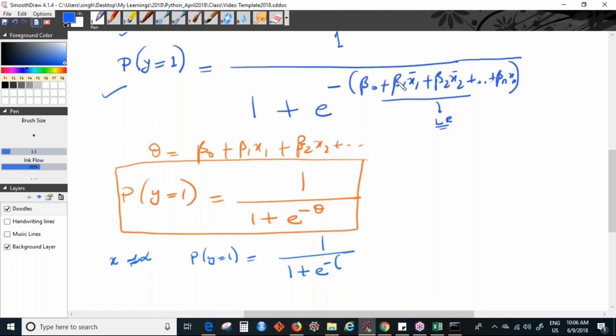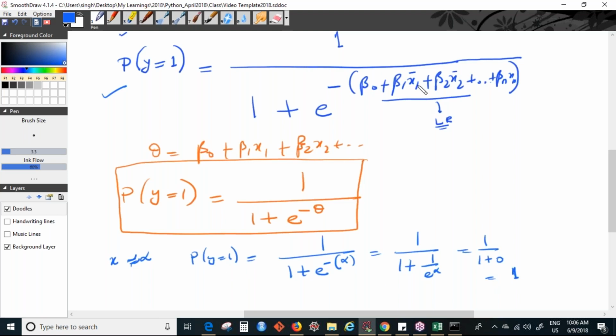If x is infinity, whatever you multiply with it and then add, it will always be infinity. So I get infinity here: 1 plus 1 by e to the power infinity. 1 by infinity is 0. If you divide 1 by a very large number, it gives you 0. So that means 1 plus 0, which is equal to 1.